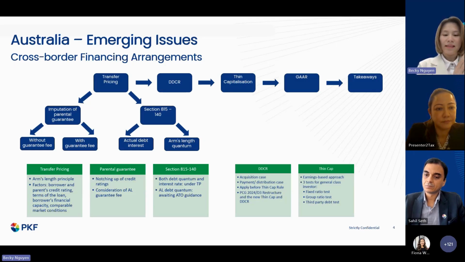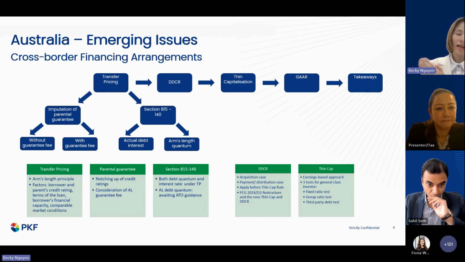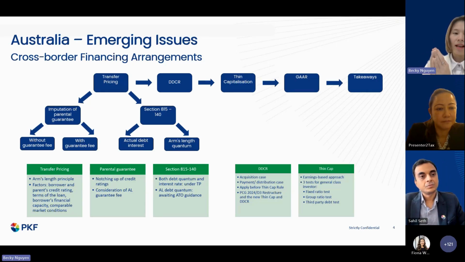Previously, the attention of the ATO when it comes to cross-border financing arrangements was largely on whether the price of the financing arrangements is appropriate, meaning whether the interest rate is too high or too low.